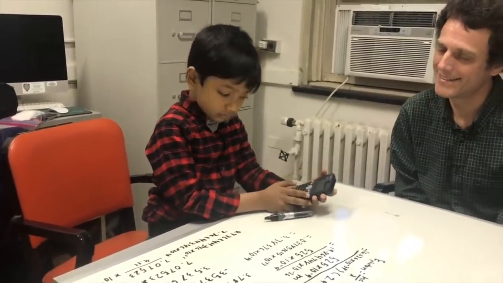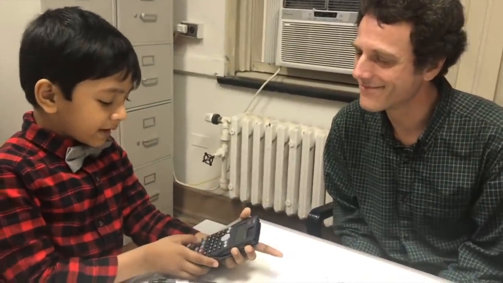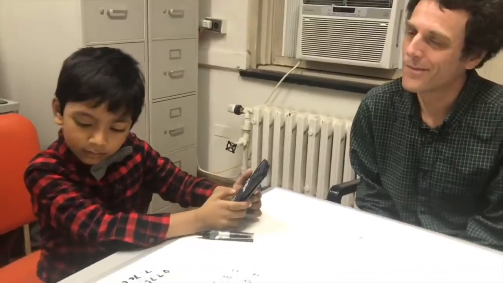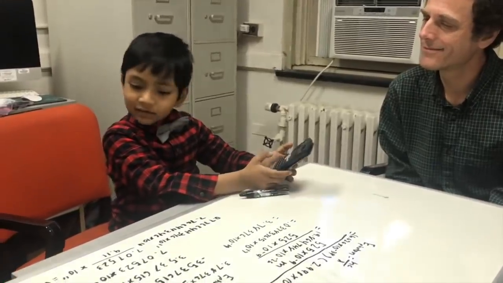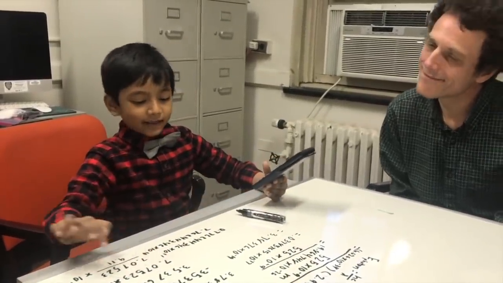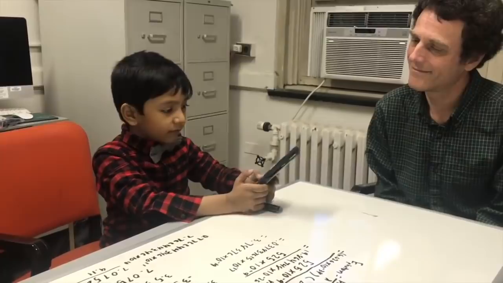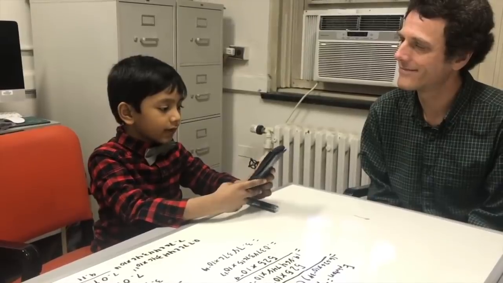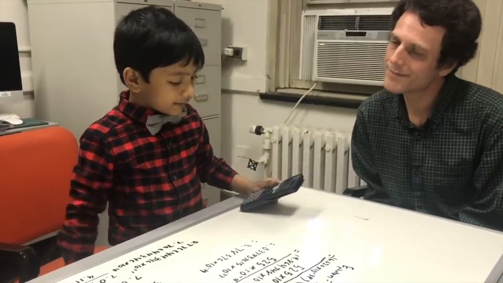The square root of 7.7664446 times 10 to the 10 is 2.786833949. Long list of decimals.